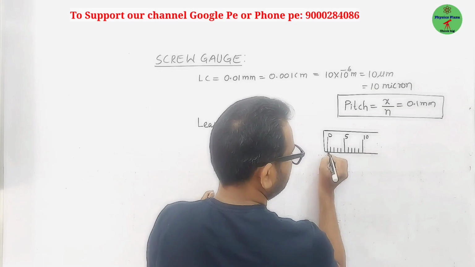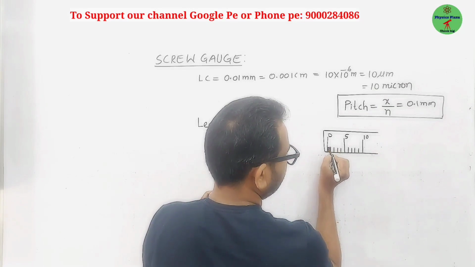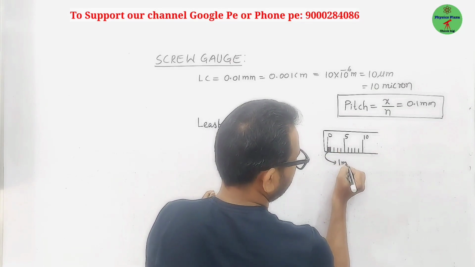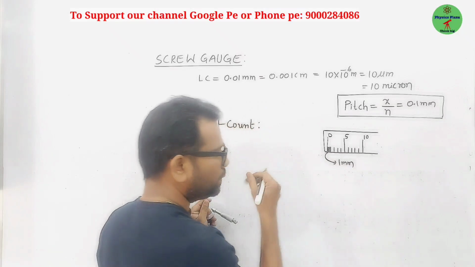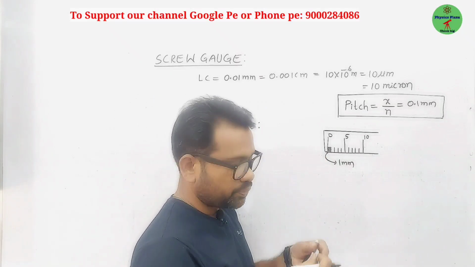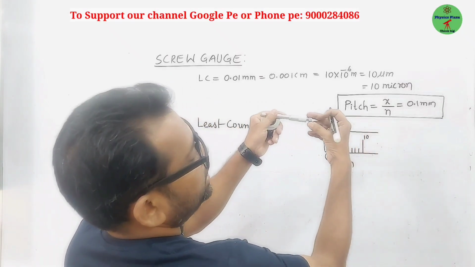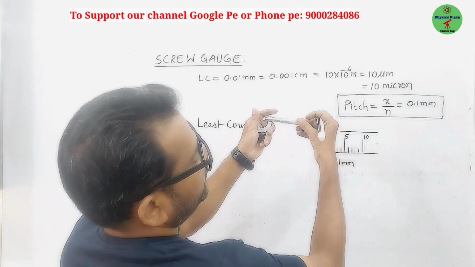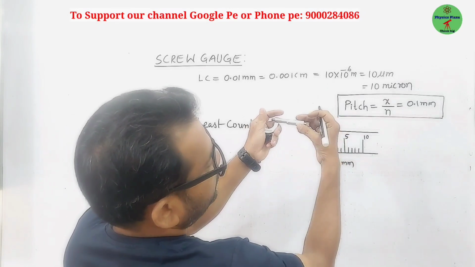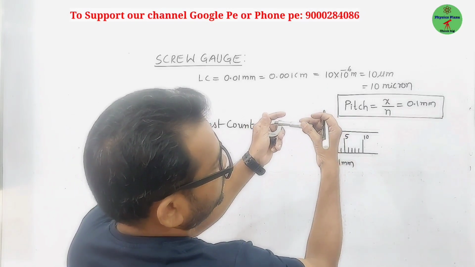Each division is equal to 1 millimeter on the main scale. And as I am rotating, if you can see the ratchet here, the circular scale is also rotating.